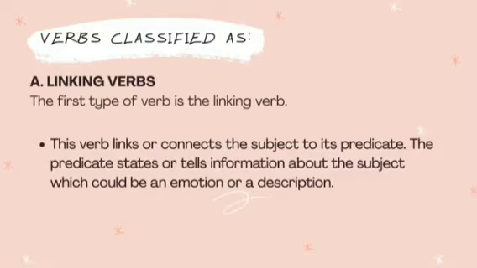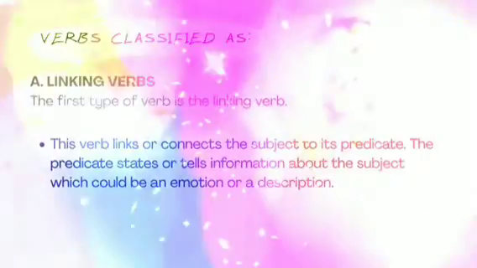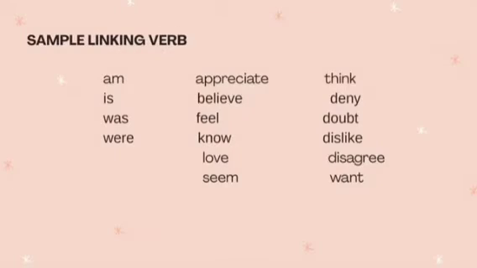The predicate states or tells information about the subject, which could be an emotion or a description. Here are samples of linking verb. Am, is, was, were. Appreciate, believe, feel, know, love, seem, think, deny, doubt, dislike, disagree, want.